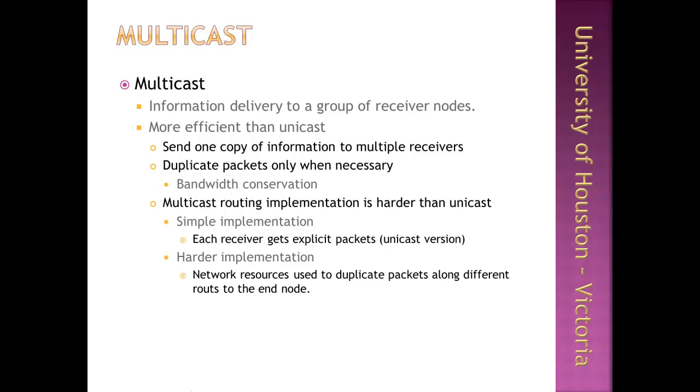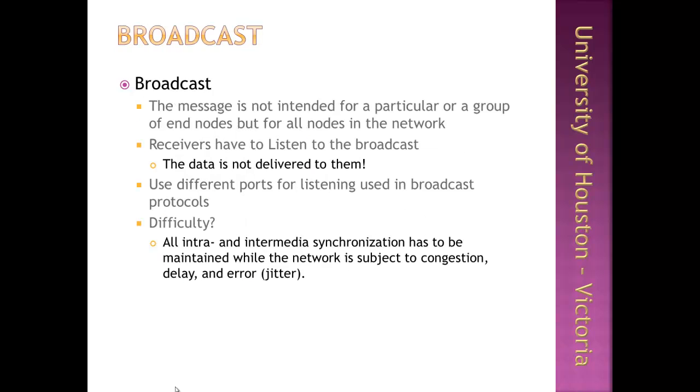Implementing multicast routing is much harder than implementing unicast routing. In the multicast mode, each multicast receiver can receive information in a unicast manner, with one explicit packet sent to each receiver, or in a more sophisticated way where the network resources duplicate packets along different routes toward the receiver.